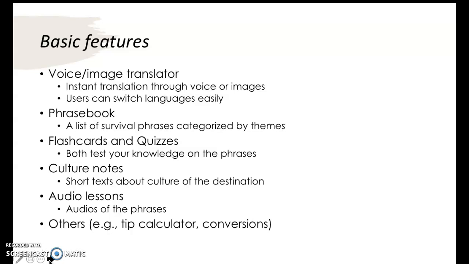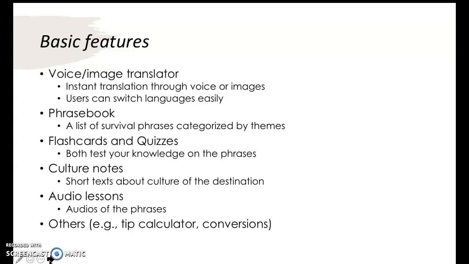One thing that I want to highlight is that users can switch languages pretty easily, although you have to choose your travel destination at the beginning of using the app. In the translation page, you can switch languages very easily.